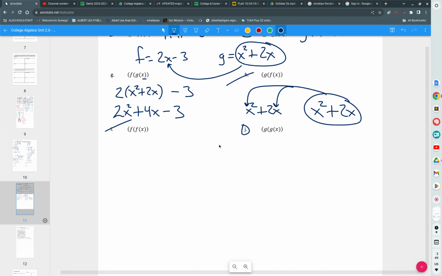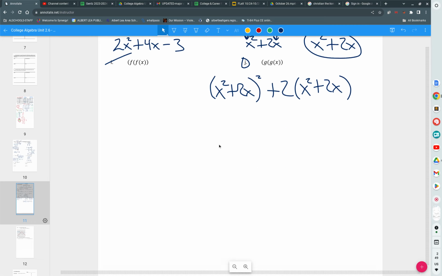That becomes a little bit lengthened here, as we have x squared plus 2x. It says we're going to square that, plus 2 times x squared plus 2x. I got to square x squared plus 2x, so I got to take that times itself.